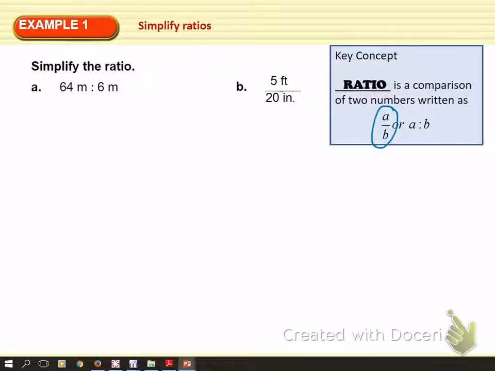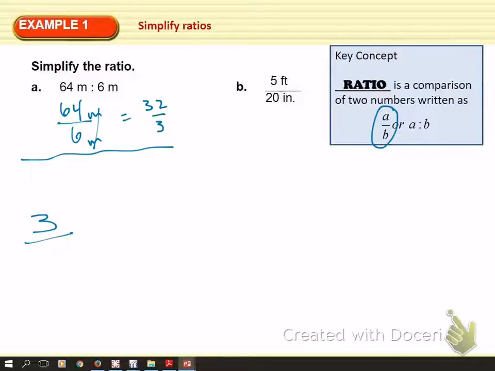So if we have the ratio of 64 meters to 6 meters, we can write this as a fraction. The meters will divide out, and we can reduce 64 over 6, which is 32 to 3. Now think a little bit about what a ratio tells you. Let's think about not this ratio specifically, but just any ratio.